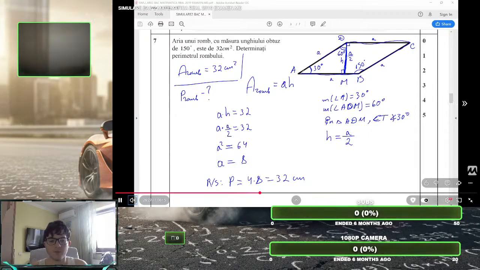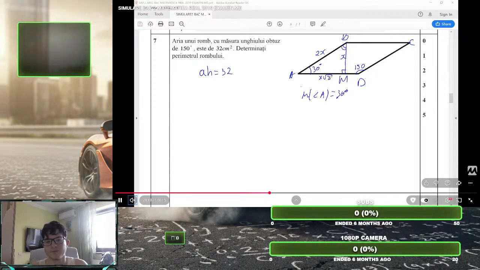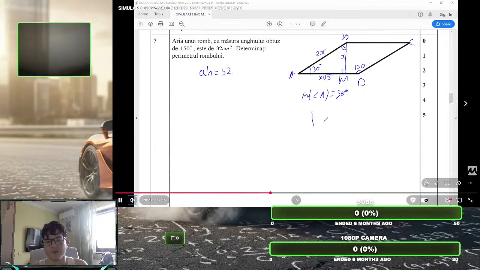So now we can move from here. Next exercise. I guess now another approach is being shown here.